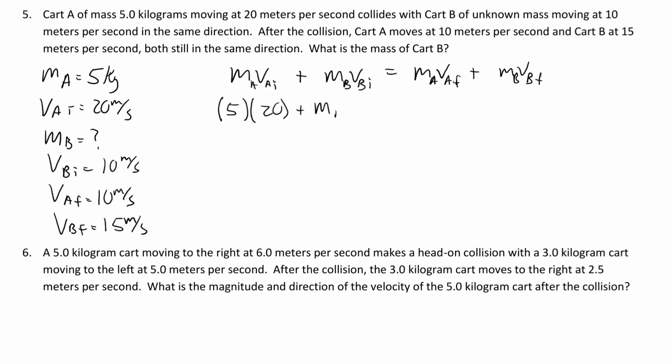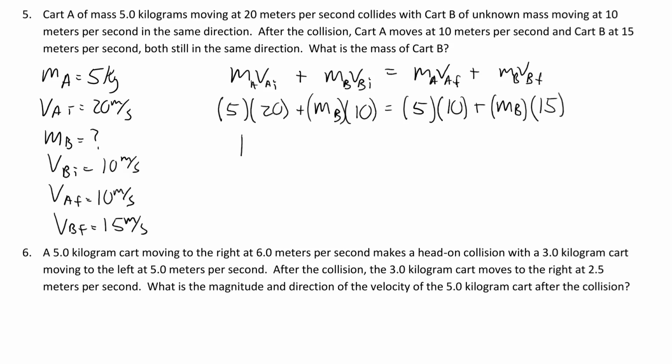Plus, this is what we're looking for. This is 10. This is 5. This is 10. This is what we're looking for. And this is 15. All right, you could also just make a little mistake when plugging things in. There's a lot of things to plug in, so I could see making an error like that. So you just want to make sure you check your work.